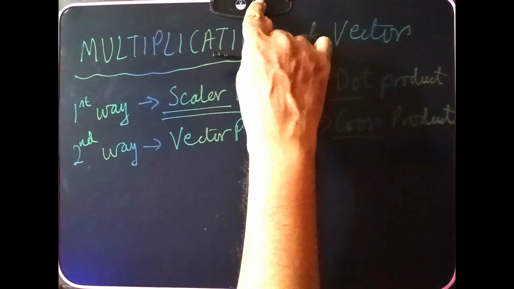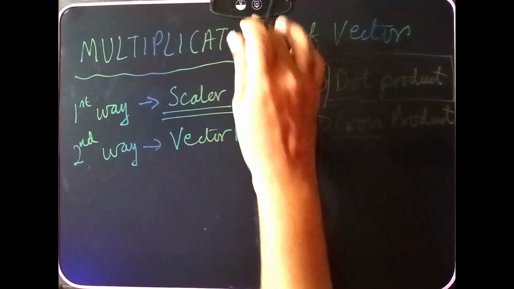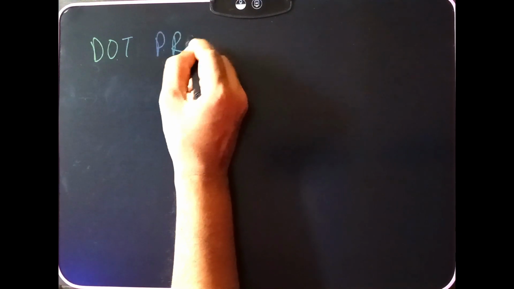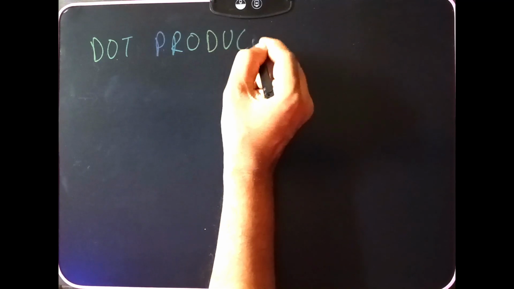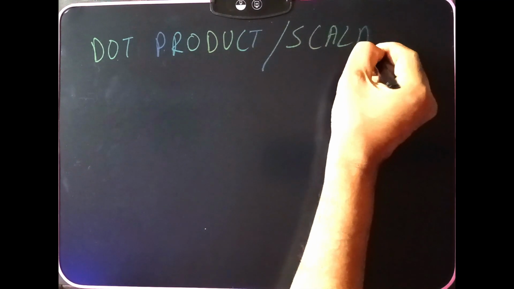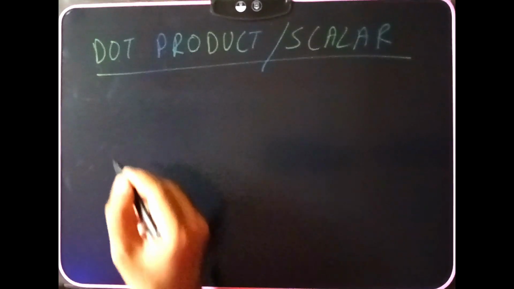So let us understand about dot product in this particular session. Dot product or scalar product. Okay, let us consider two vectors.